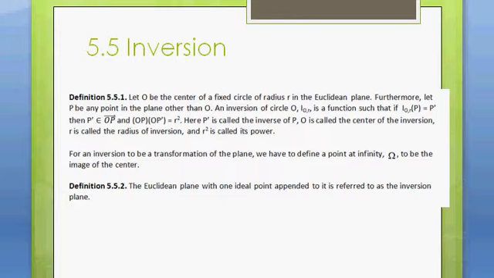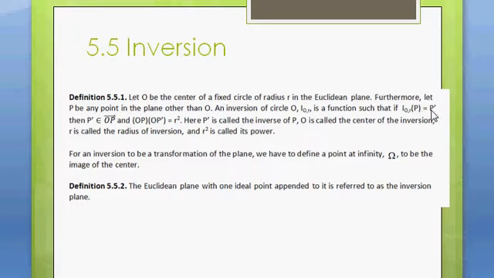It says let O be the center of a fixed circle of radius r in the Euclidean plane. So an inversion starts with a fixed circle with a given center and radius. Furthermore, let P be any point in the plane other than O. An inversion of the circle, which we'll denote with an I sub O comma r, centered at O, radius r, is a function such that I_O,r of P equals P prime.